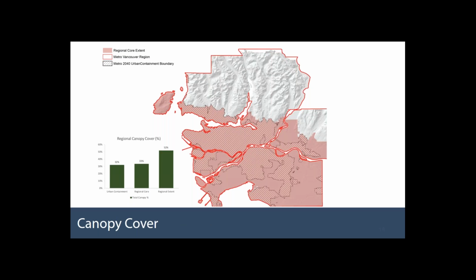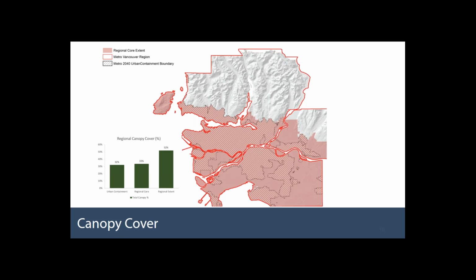We're just starting to delve into using the land cover to develop and measure some indicators, but here is some initial work that we've done, first looking at canopy cover. Here we have canopy cover at a few different scales. At the regional scale, we calculated canopy cover to be 52%, driven largely by the extensive forests to the north of the region.